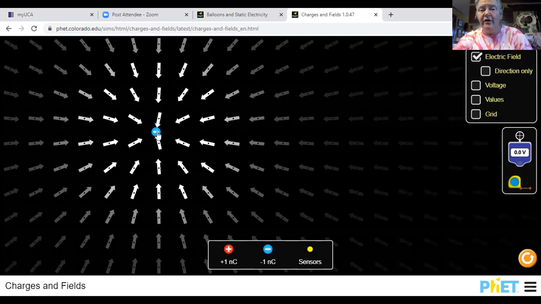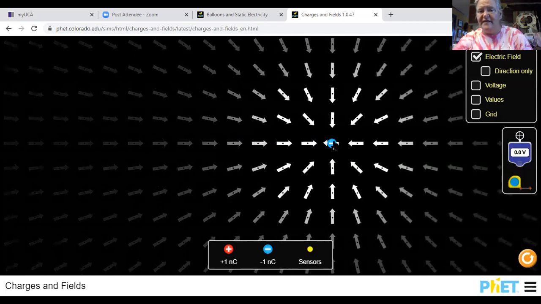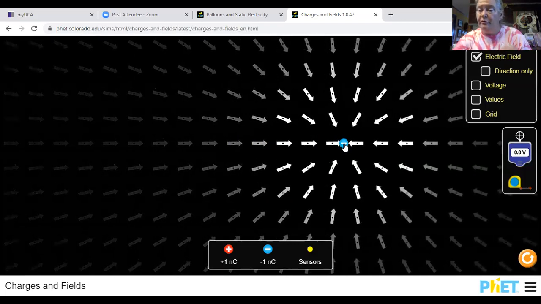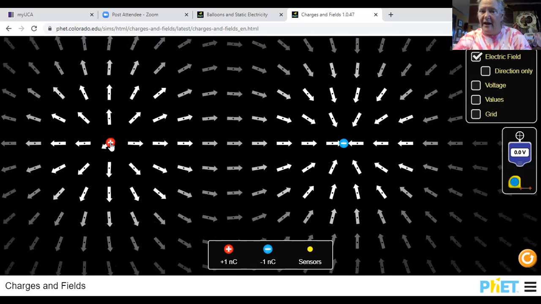So the thing about field values is field values have to be unique in space, okay? They can't be multi-valued at a particular point. So, for example, when I bring in a positive charge here, remember its field lines point outward.